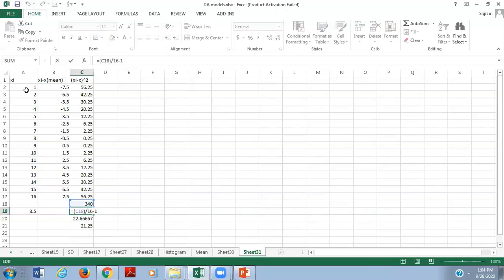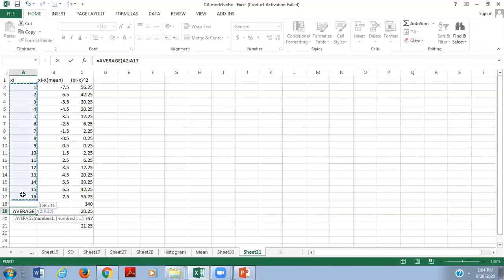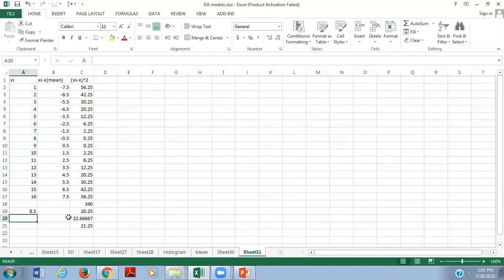So it's 16 total values, 16 minus 1, right?